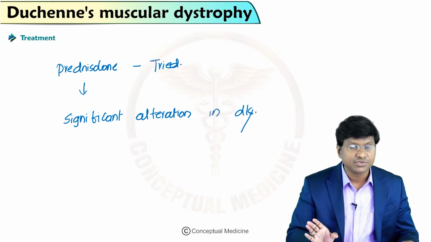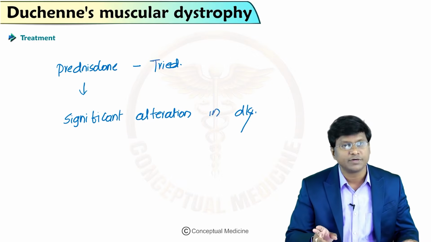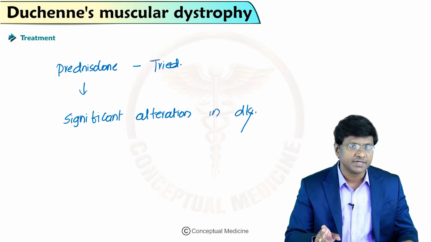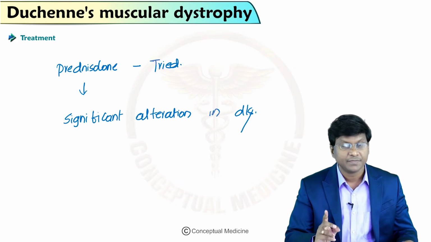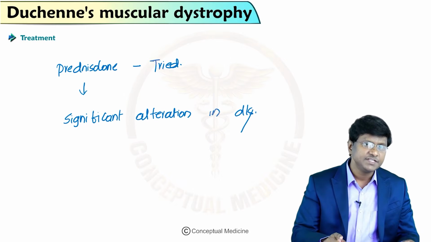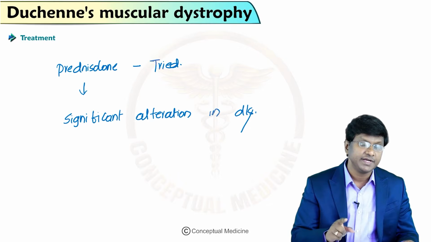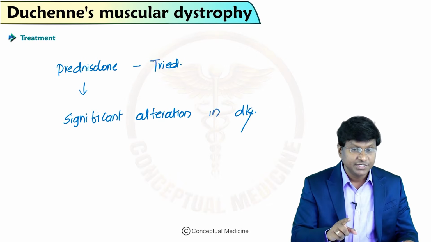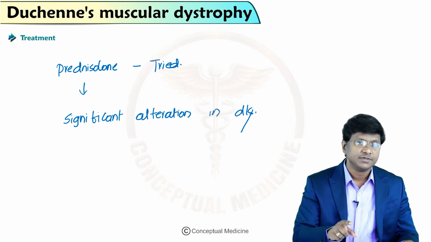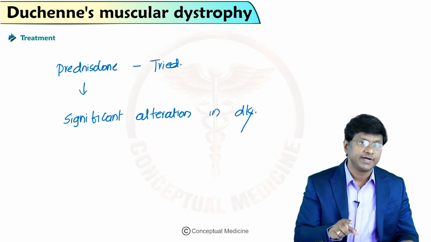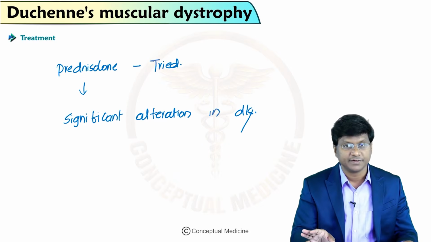So to summarize, Duchenne muscular dystrophy is the most common form of congenital muscular dystrophy. It is mainly due to a gene mutation, and that particular gene is required for synthesis of dystrophin.